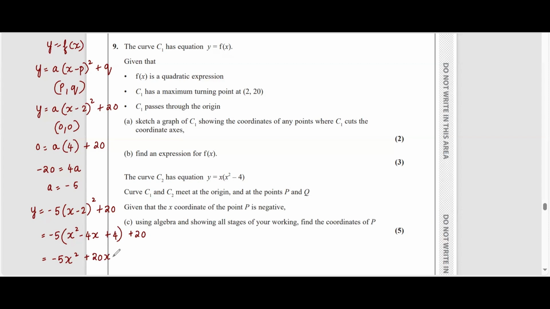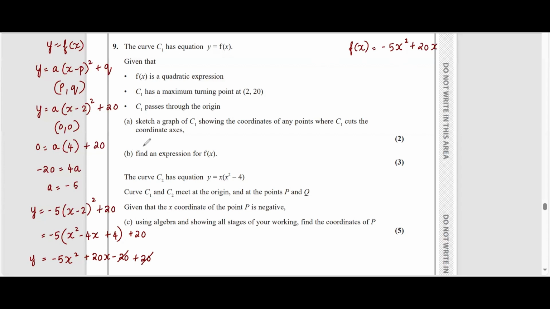Minus 5 into 4 is minus 20, plus 20. 20 and minus 20 get cancelled. So y is equal to f of x, f of x is minus 5x square plus 20x.